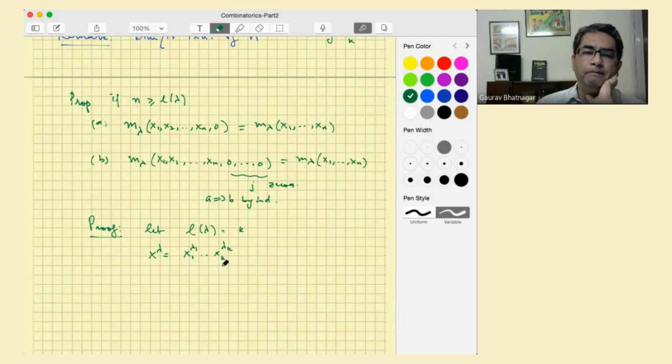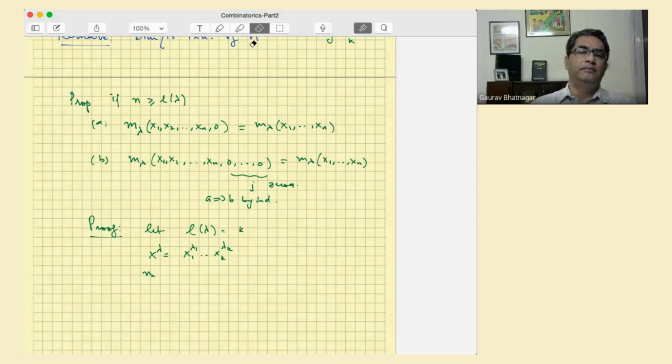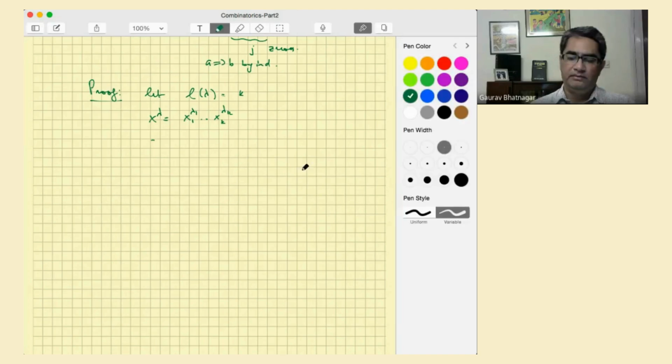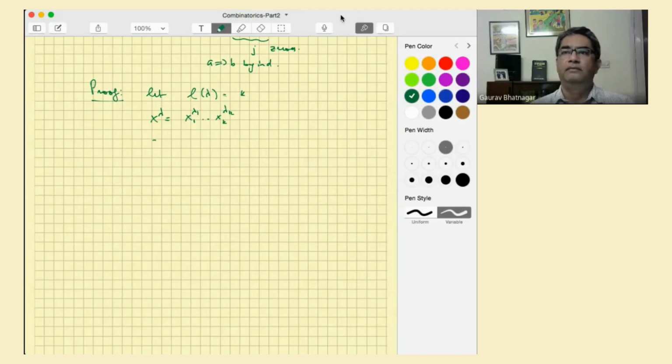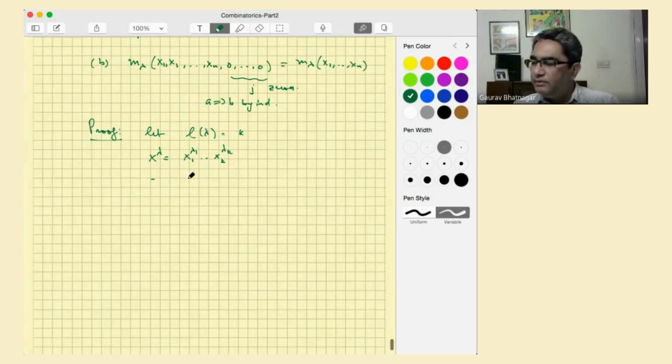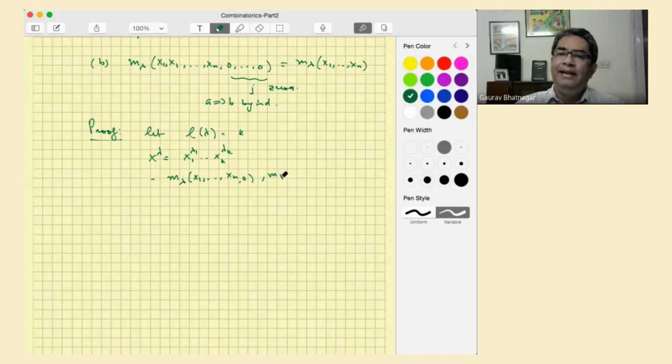So m_lambda of x_1 to x_n, 0 and m_lambda of x_1 to x_n are both non-zero.